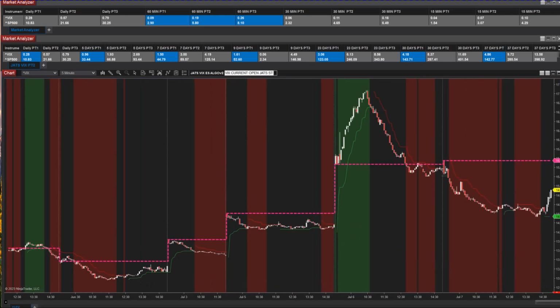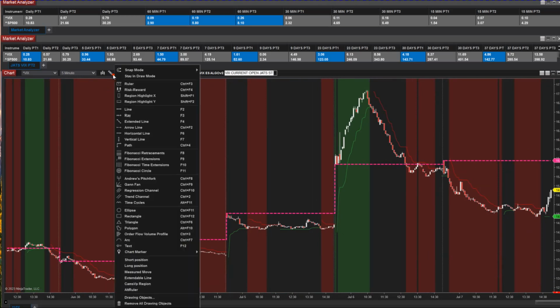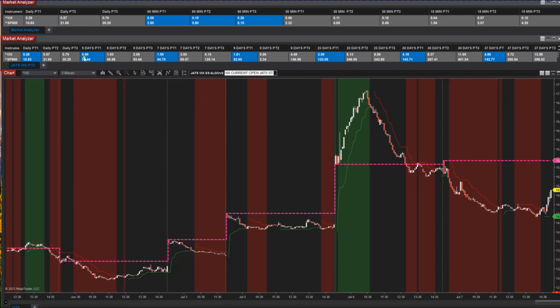So all things equal, in general, if you're below the open and moving down, you pretty much want to take shorts off the table, right? So get the ruler out and take a note of these daily levels. The 1 day level is 79 ticks, right? So you can go from the current day open down and look for 79.